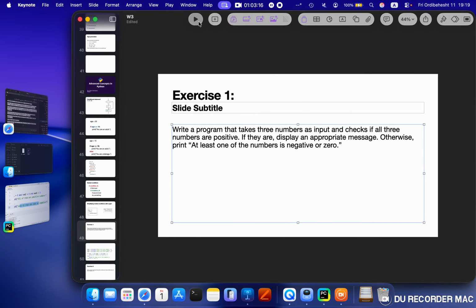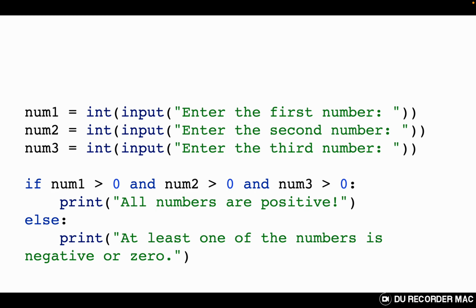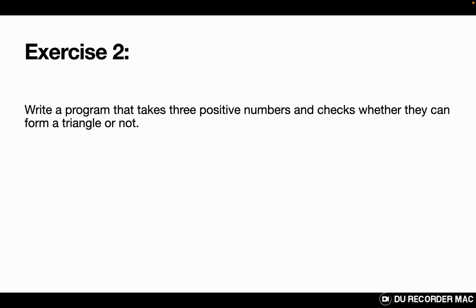Let's check the second exercise together. It's the code for you to check at home. The second exercise. Write a program that takes 3 positive numbers and checks whether they can form a triangle or not.